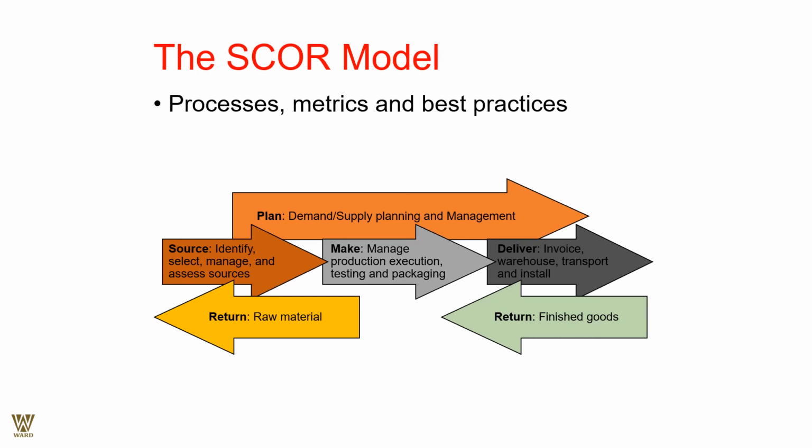And then it is all about your operations, right? Managing production, execution, testing, and packaging. Once the product is finished, once the services have taken shape, you need to deliver it as and when required in the case of services. But for a product, once you are done with it, you need to make an invoice, warehouse it, transport it, and probably install it.